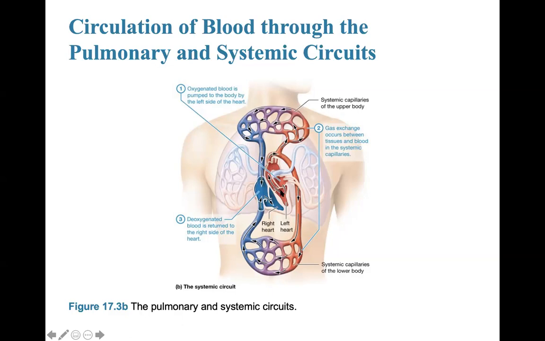From the left atrium, it then goes into the left ventricle, out through the aorta, and then through systemic circulation, and then returns back through the venous system, eventually back through those vena cavae there.